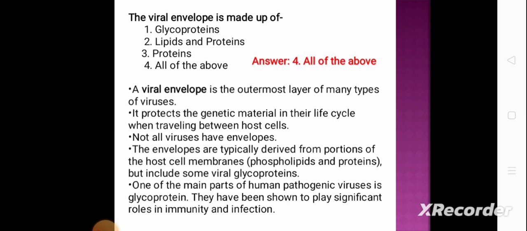So the viral envelope is derived from the host cell membrane and includes some of the viral glycoproteins. And this viral glycoprotein also causes the pathogenic character of the virus.